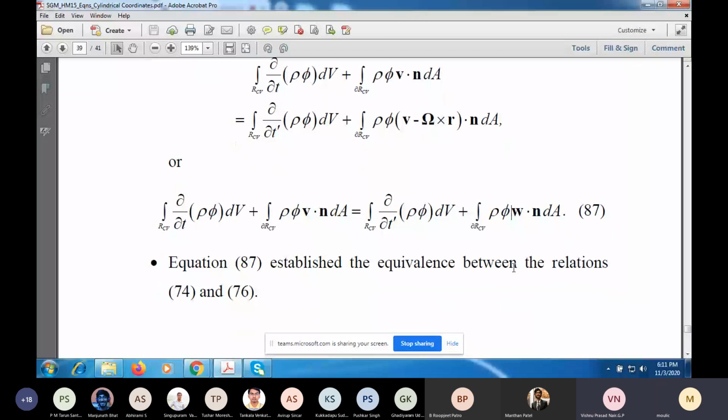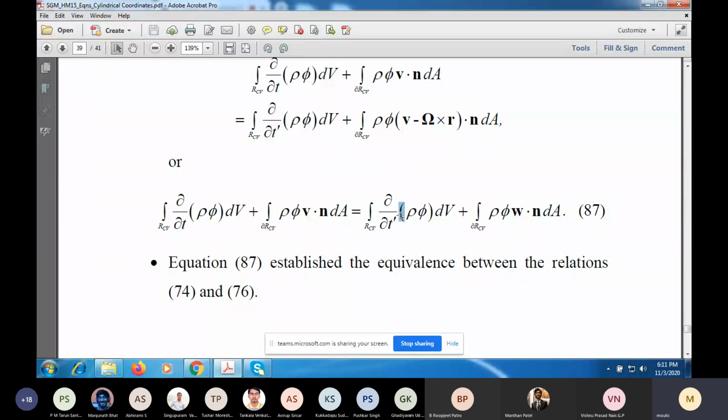So if I look at this temporal derivative in the stationary frame, this term integrated over that volume plus the flux evaluated using the absolute velocity is equal to the sum of these two terms, where the flux is evaluated using the relative velocity, and this is the temporal derivative in the rotating frame.